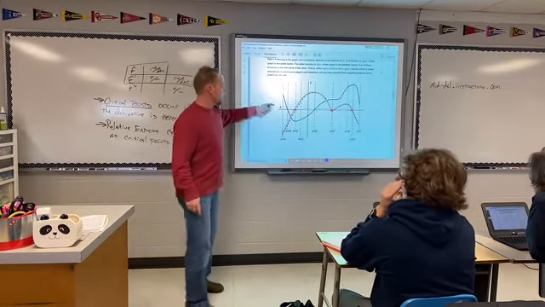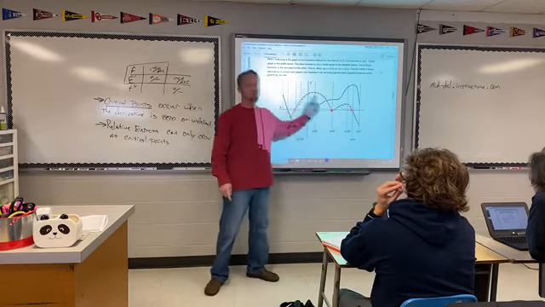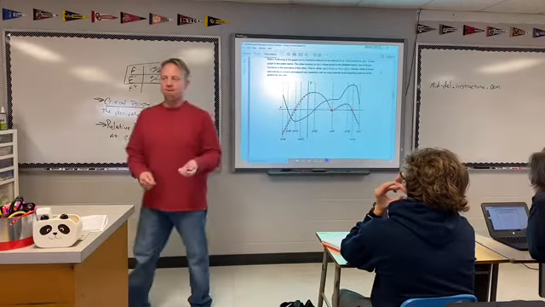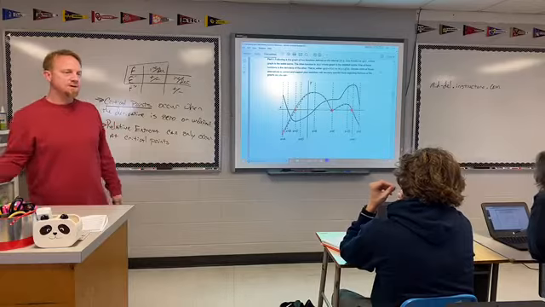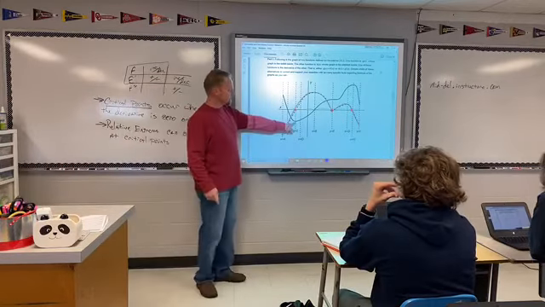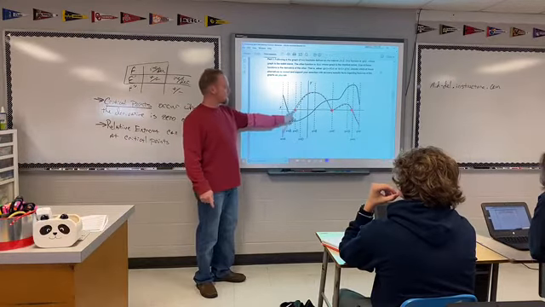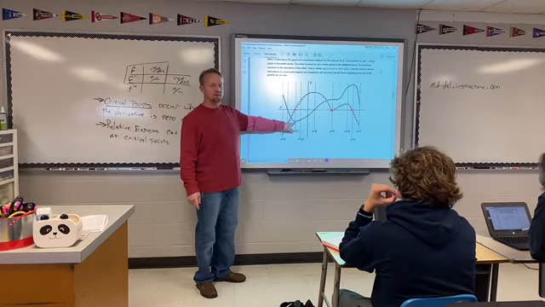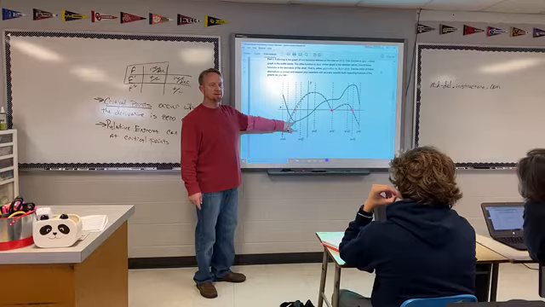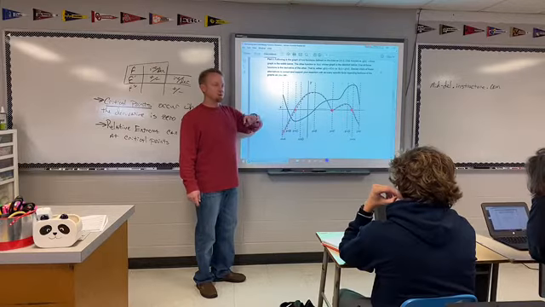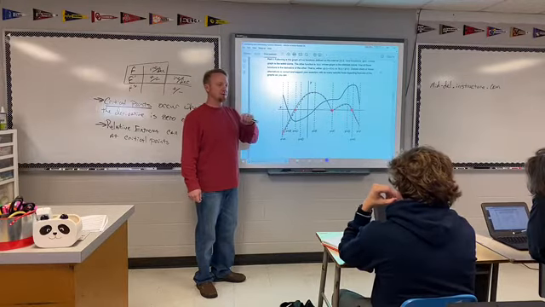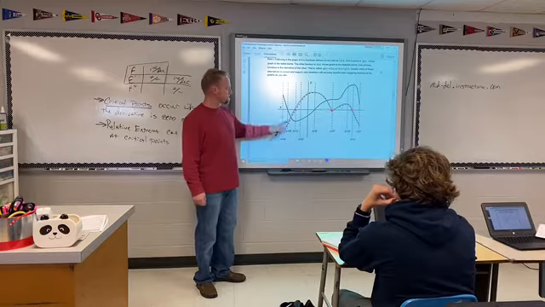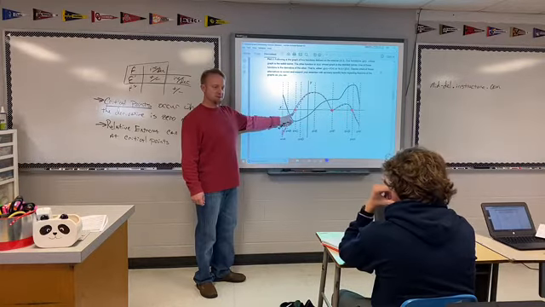I want to look at the graph of the red line to determine whether or not there's a maximum or minimum of the solid line. So definitely there is a minimum here, but I need to look at what's going on here to justify why there's a minimum here. Alexis? Is it because it crossed the x-axis? It's close. You've got to be more specific than that. Because it was negative first. Because it's changing from positive.